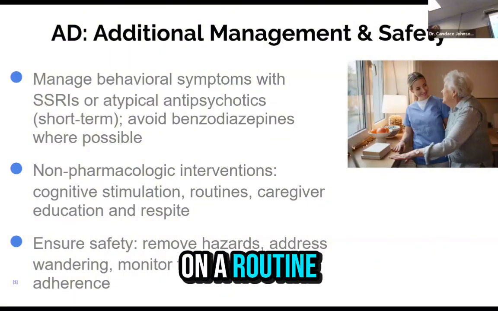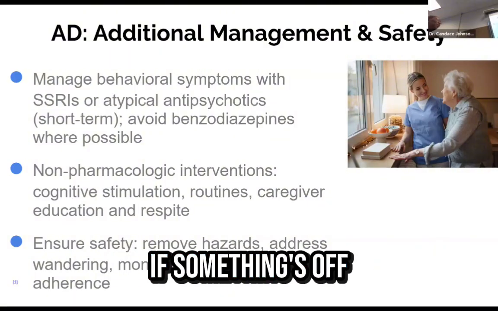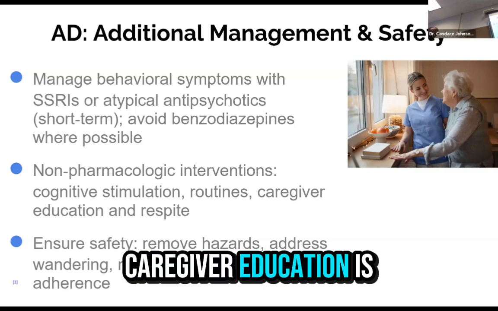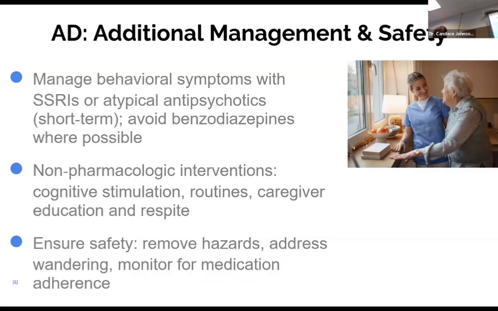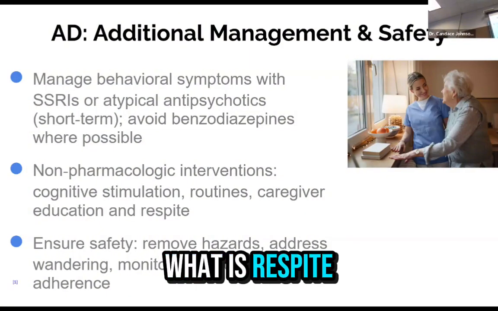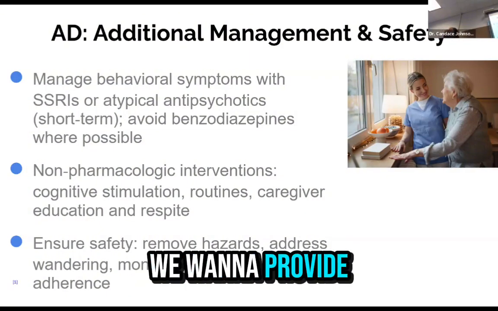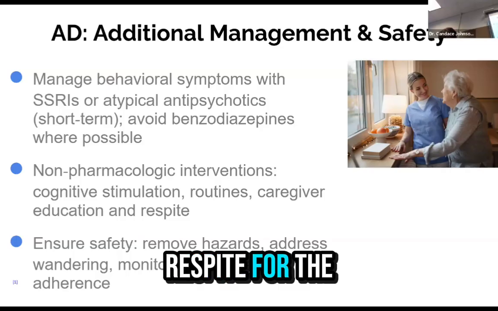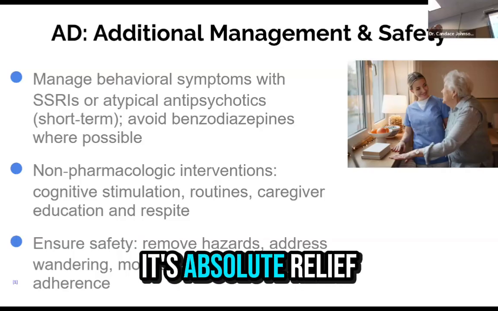All right, putting them on a routine. That way we notice if something's not right, if something's off and they're not where they should be. Caregiver education is important, and respite. What is respite? We're thinking about the caregiver here. We want to provide respite for the caregiver. Relief, yes, it's absolute relief.